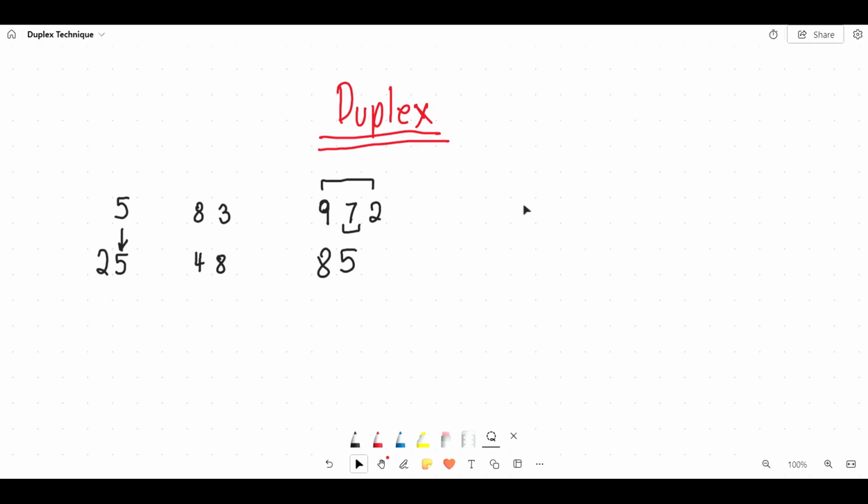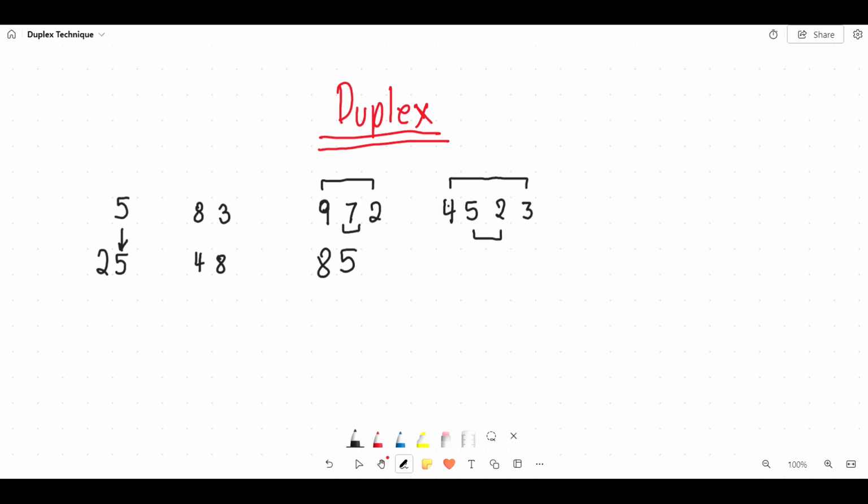Now, let's try how to do it for 4-digit numbers. 4, 5, 2, 3. So let's take this as a 4-digit number. So what you do here, peripheral digits, the outer digits, treat them as a 2-digit number, and the middle digits, you treat them as a different 2-digit number.